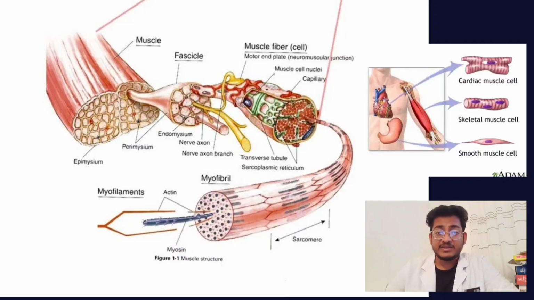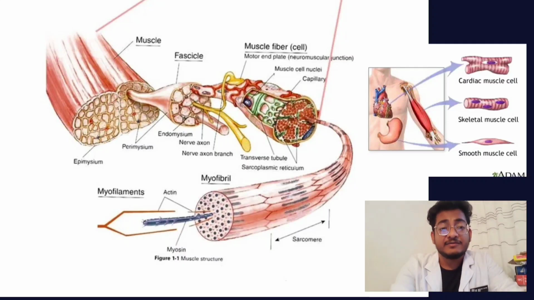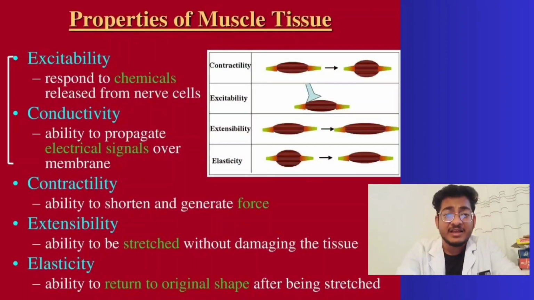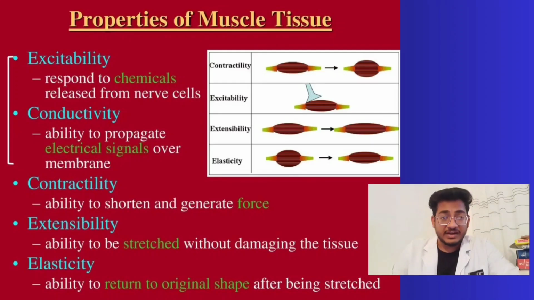Epimysium is a fibrous sheath which surrounds the entire skeletal muscle. Further, in the overview of muscles, muscle has four main properties: excitability, contractibility, extensibility and elasticity. Excitability is the ability to respond to stimuli, contractibility the ability to contract, extensibility the ability to be stretched without tearing, and elasticity the ability to return to its normal shape.